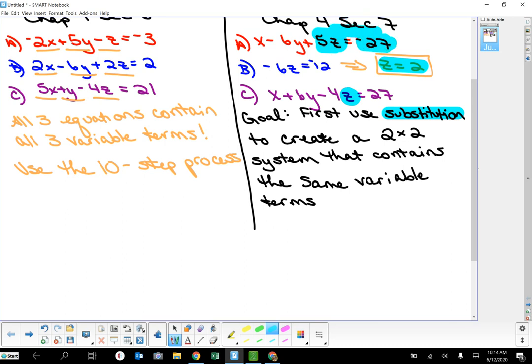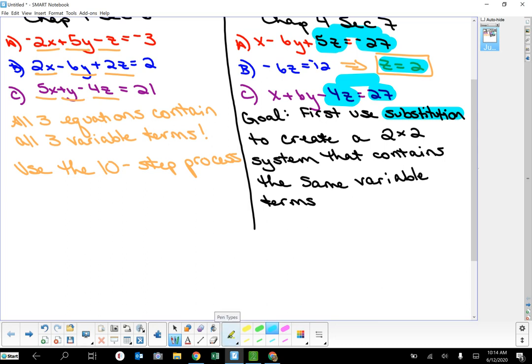Those will be like terms, leaving you just an x and a y on the left-hand side. In equation C, the same thing would happen. The 4z term will turn into a number. I'll move that number to the right-hand side, and I'll combine it with the 27. Essentially creating equations D and E without doing all the elimination you had to do yesterday.